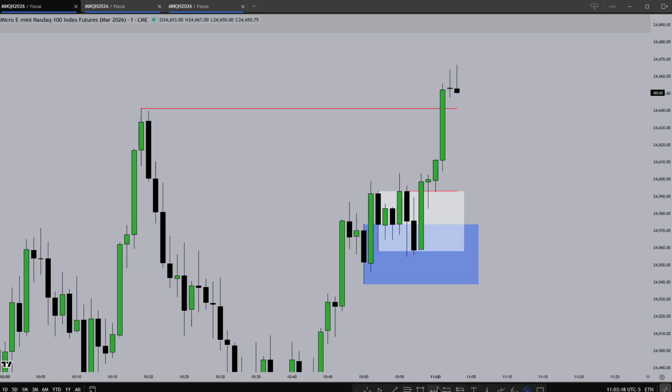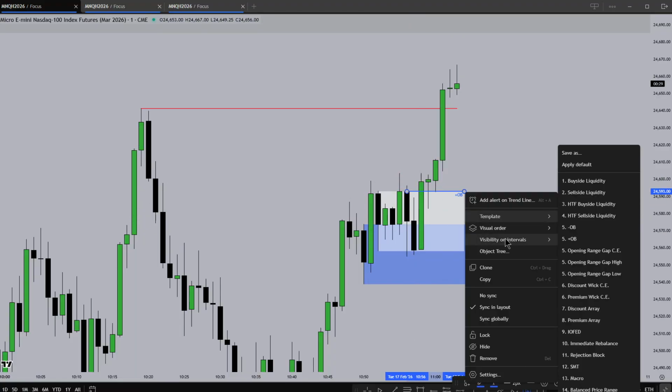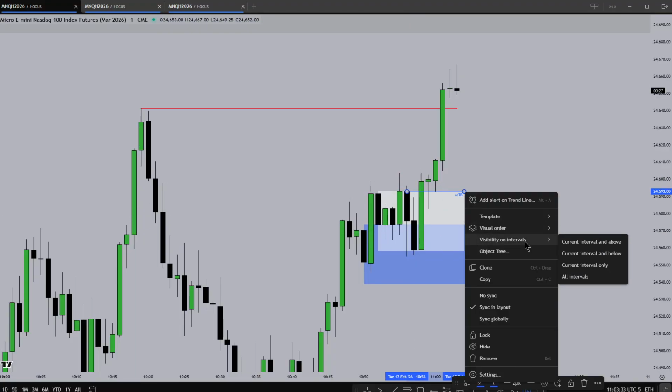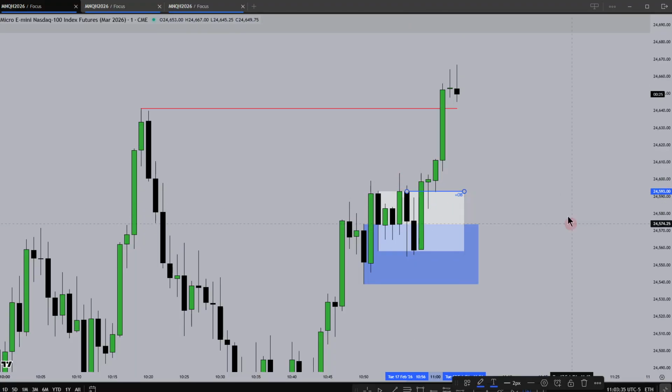This one we did, but it's encapsulated off the range of here. And then we closed above here, and then we spool. So that's your breaker, that's your balanced price range, that's your 2022 model, that's the immediate rebalance.